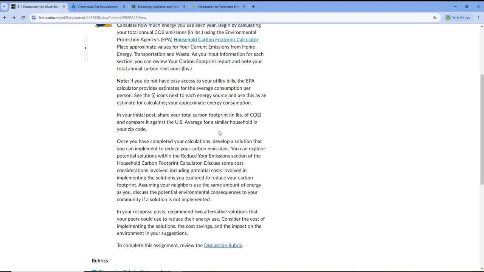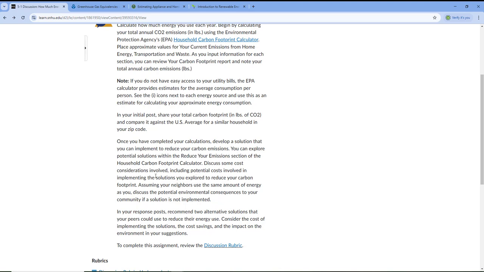So you'll write that information out, and then develop a solution that you can implement to reduce your carbon emissions. This is where you can go back and look at the ways to reduce your emissions section in the calculator. Look for things that you would actually do. Discuss some cost considerations involved.